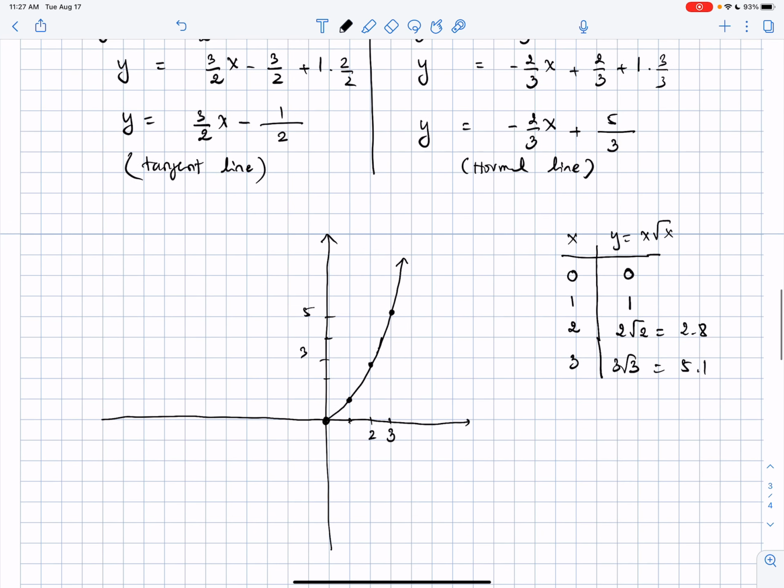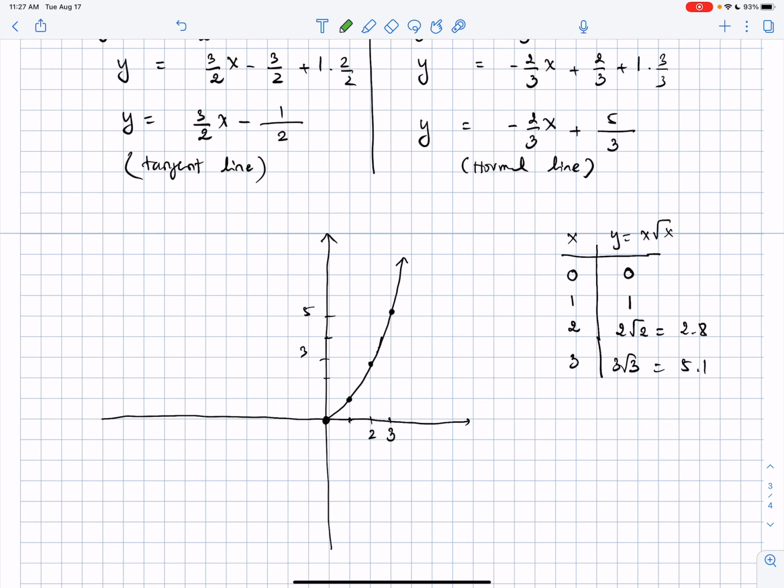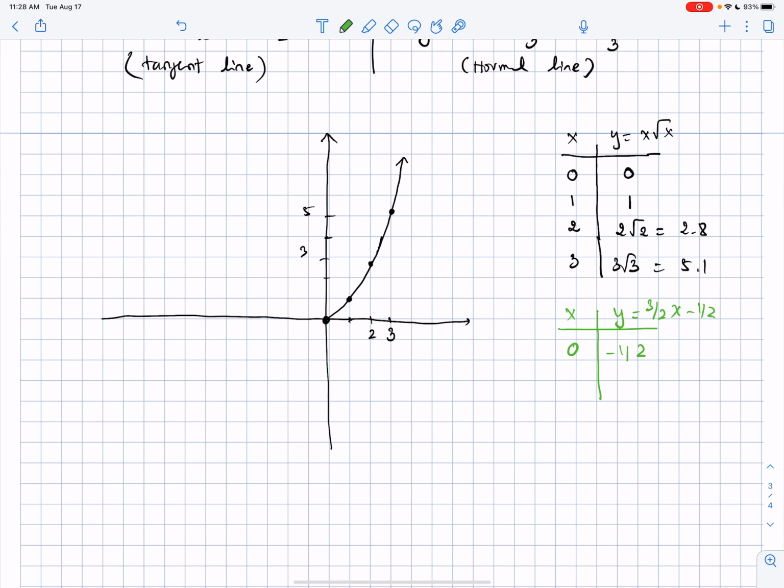Now we will graph the tangent line. So let's make the table for the tangent line. You have x and you have y equals 3/2 x minus 1/2. So if x equals 0, then we will get negative 1/2 for y. And then if x equals 1, then we got 3/2 times 1 minus 1/2, and it's equal to 2/2, which is 1. And we know that the point 1, 1 is on this tangent line.